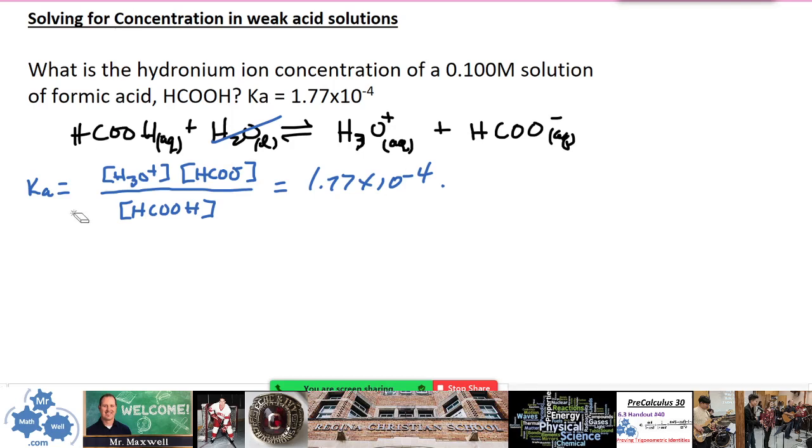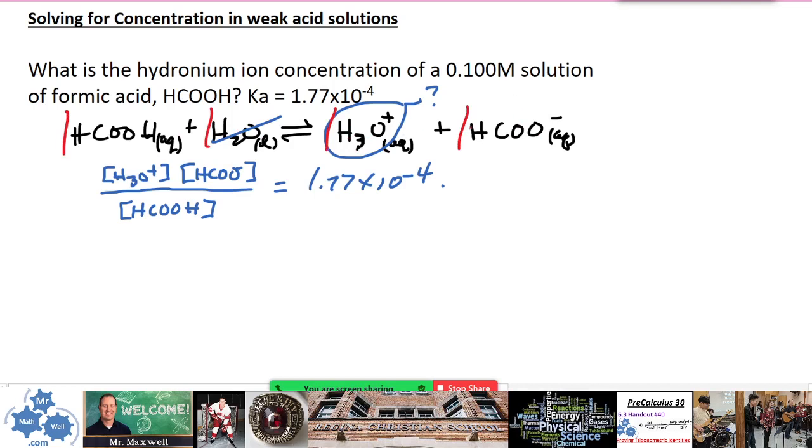Okay, so what we're trying to do is solve for the hydronium ion concentration. This is what we're trying to solve for. So we have to figure out how we're going to represent these three things right here. And we're going to have some kind of variable or unknown. So we notice that this is a 1 to 1 to 1 to 1 ratio, right? Because we said that was a balanced equation.